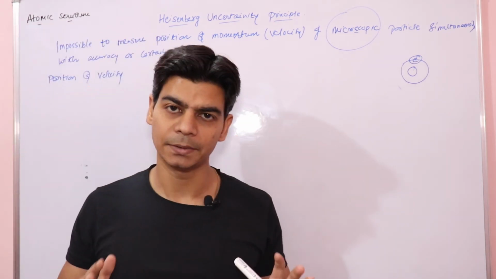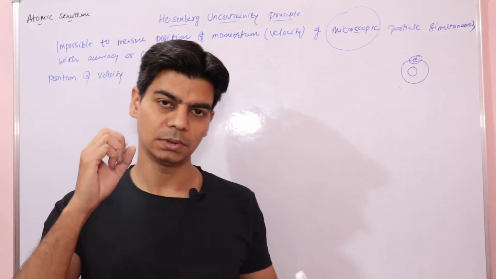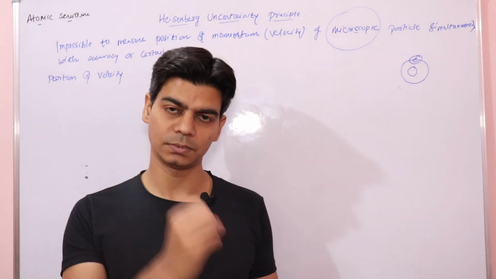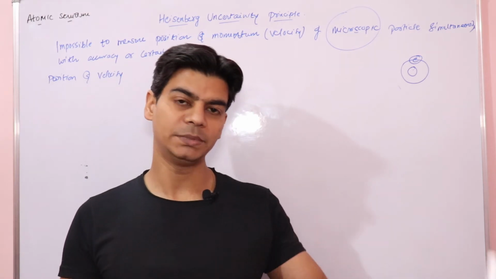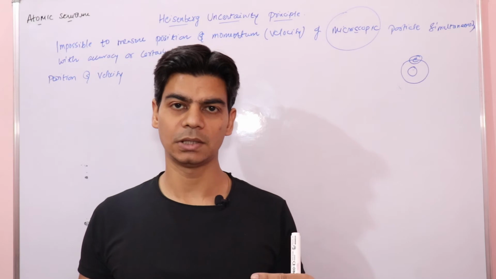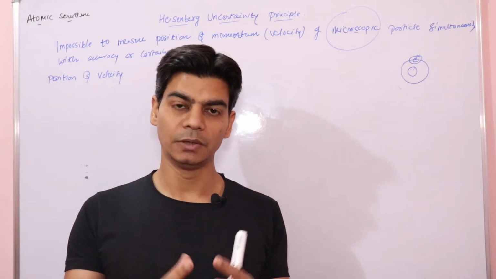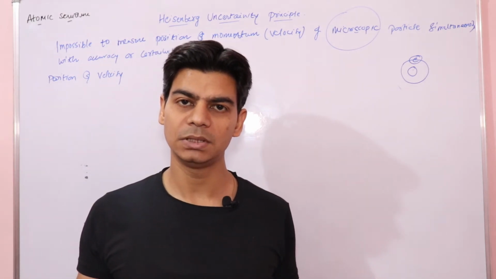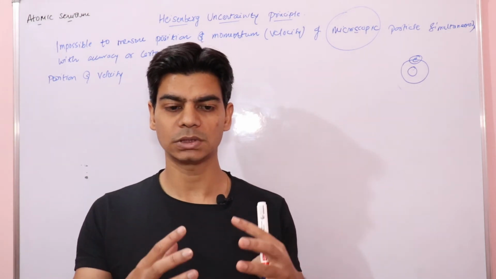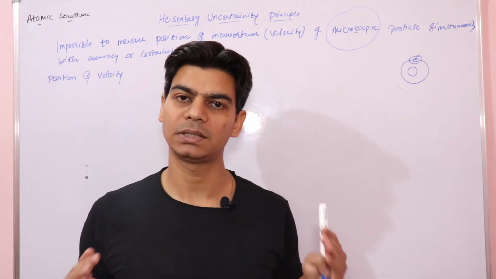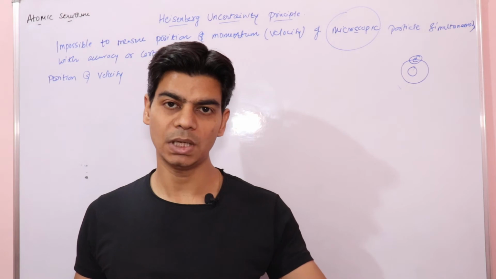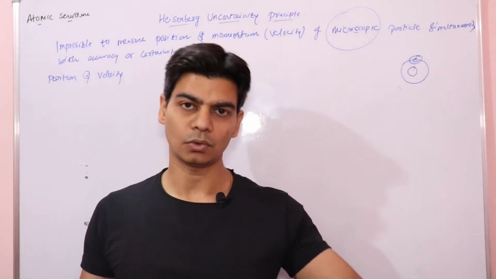If you shine light on the object that you want to locate, then the object will reflect that light. And if the light reflected by that object falls in the visible region, by visible region I mean the frequency of the light reflected by the object falls in the visible region of the electromagnetic spectrum, then that object would be visible to us and we would be able to locate it.